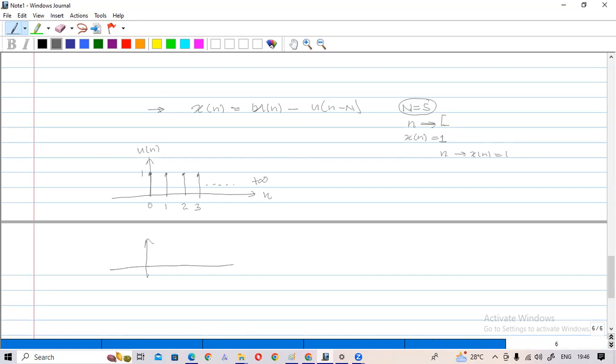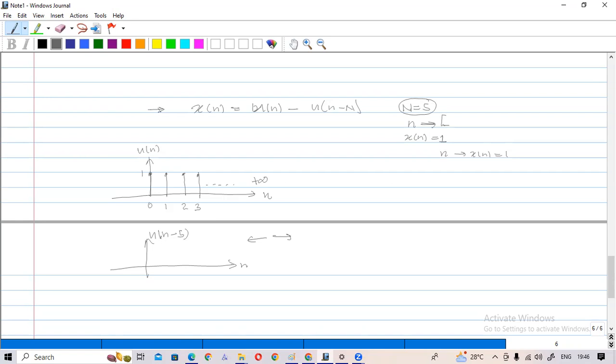So if you find un minus 5, what happened? If this is un, and it is n minus 5, that means time shifting. Time is shifted to this direction or this direction. We are not doing any time reversal.